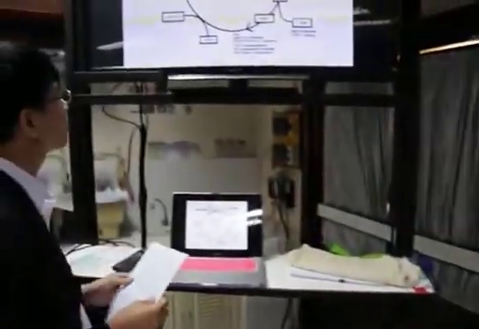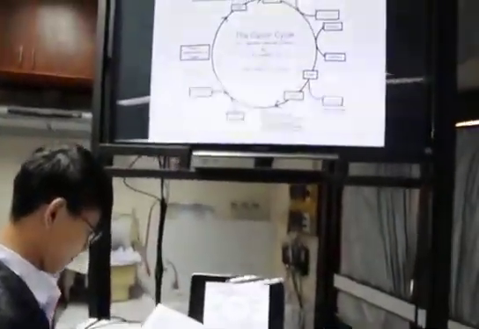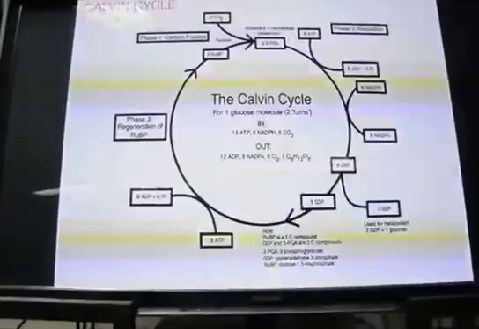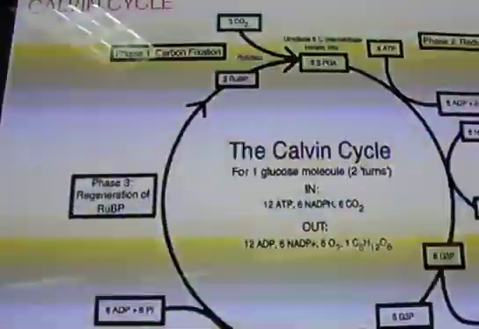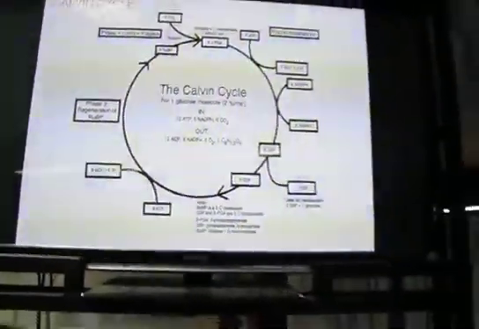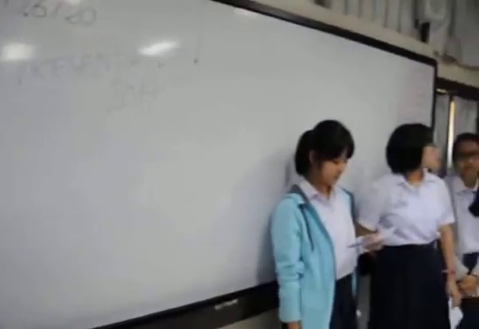So the next step is the Calvin cycle, or dark reaction. In this reaction, ribulose combines with carbon dioxide to form 6 molecules of PGA with the help of the Rubisco enzyme. Then 6 molecules of ATP and NADPH are used to reduce 6 molecules of PGA to form 6 molecules of G3P, or PGAL.